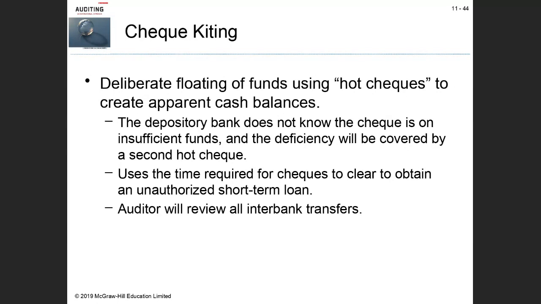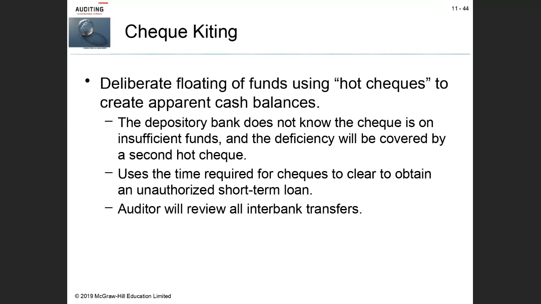Then you write a second check against that check that you just deposited at Bank A, let's say, and you deposit that at Bank B. So Bank B takes the deposit, but when they try to get the money from Bank A, the money's not there because it's a fraudulent check. It's already been returned. It's called check kiting.